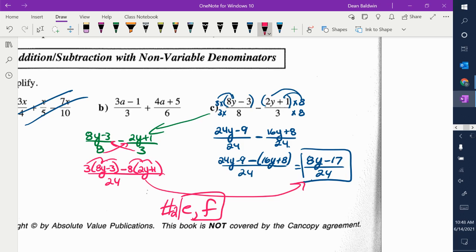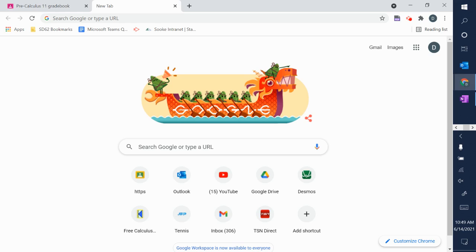Number 2 E and F. That makes way more sense. And number 4, A to C. 4 already has common denominator. Okay, those, and then we'll move on to the next bit.